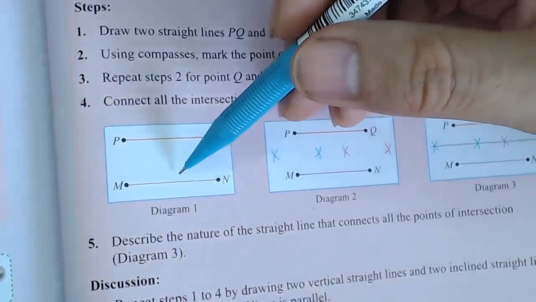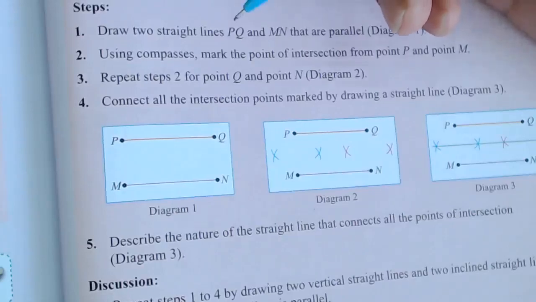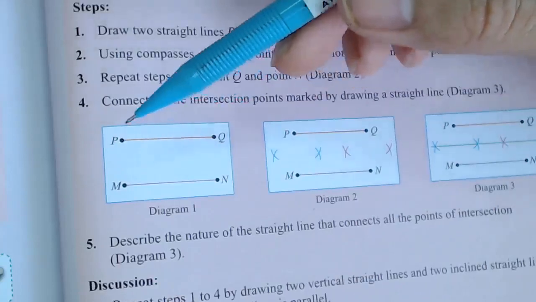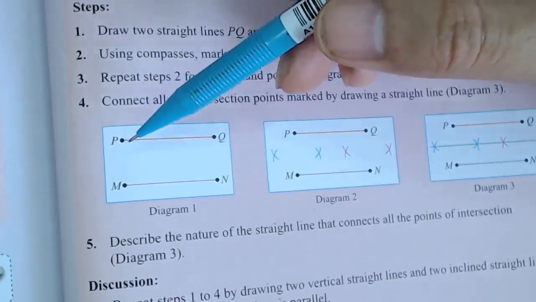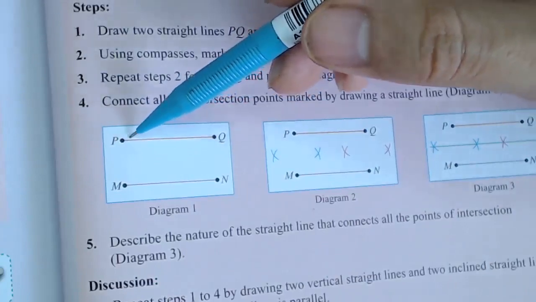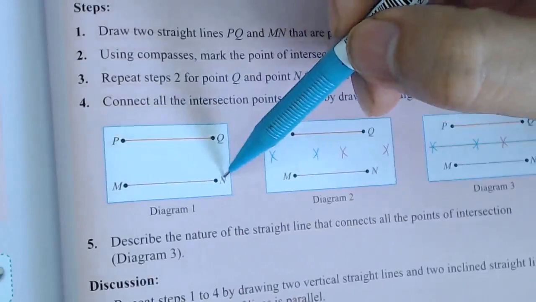So what is the condition? The condition is, whatever you do, wherever you go, you must always move equidistant between line PQ and line MN.